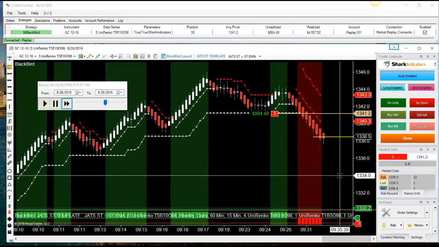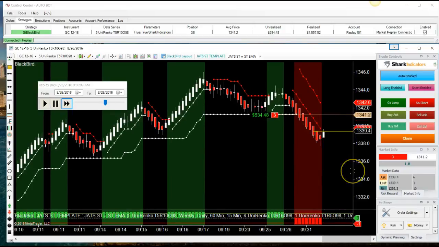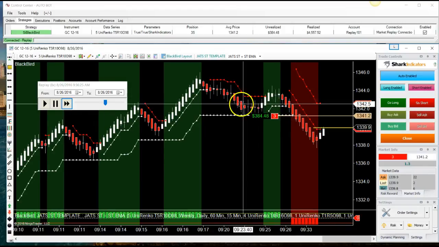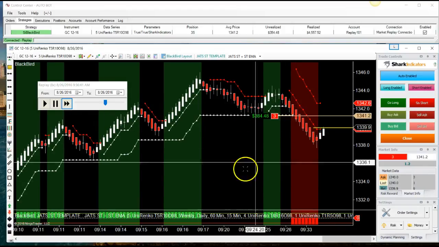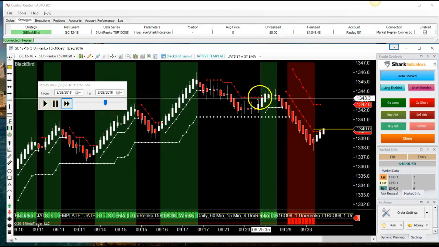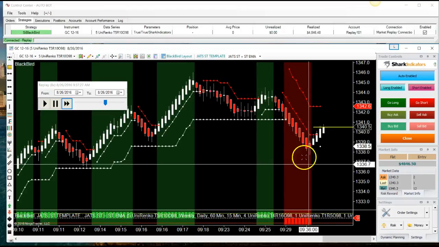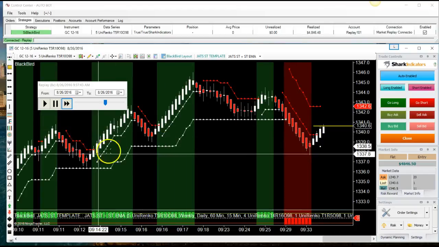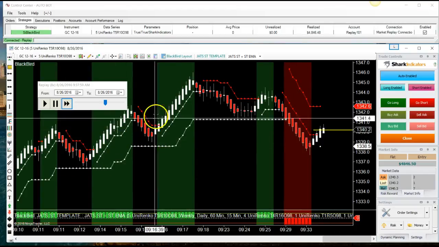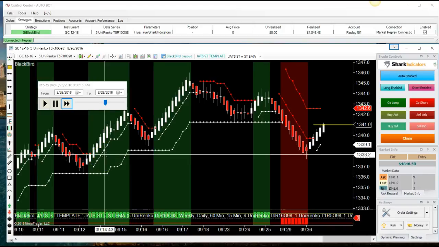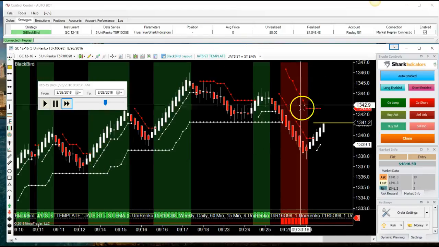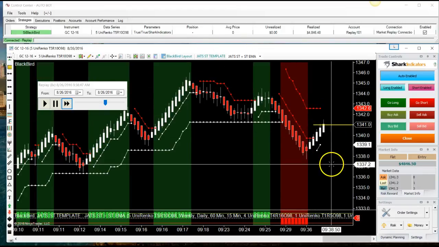You could probably use a 520 instead of a 515 and have it even work better. But it may not have even taken this little breakout fake out here on a 520. So that's the key, is just finding your volatility. That's why I'm saying fit your volatility. And once you do, then you can come in and trade that strategy up or down.